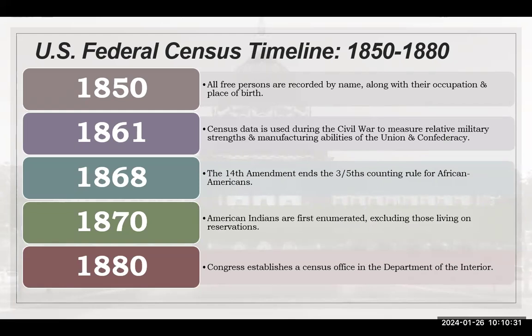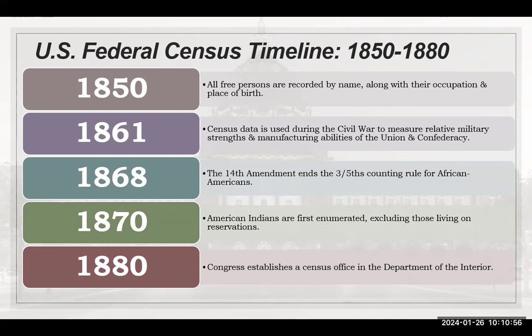In 1850, we finally have that all free persons are recorded by name, along with their occupation and place of birth. In 1861, the census data is used during the Civil War to measure relative military strengths and manufacturing abilities of the Union and Confederacy. In 1868, the 14th Amendment is passed, which ends the 3/5 counting rule for African Americans.